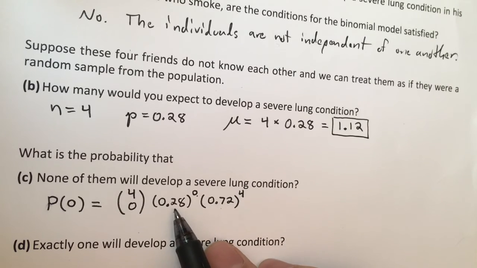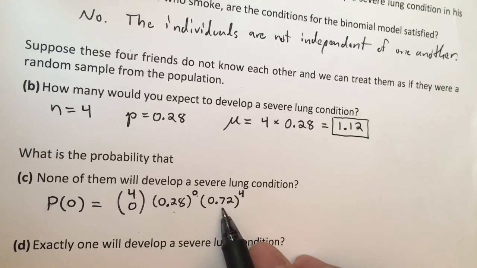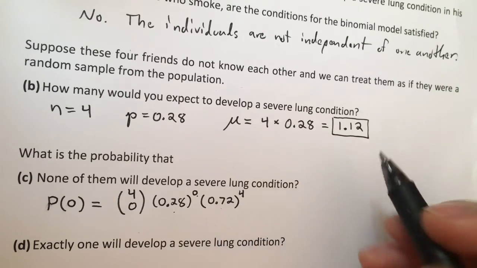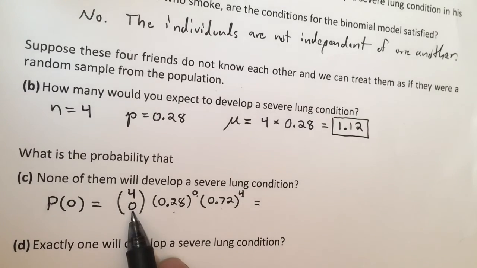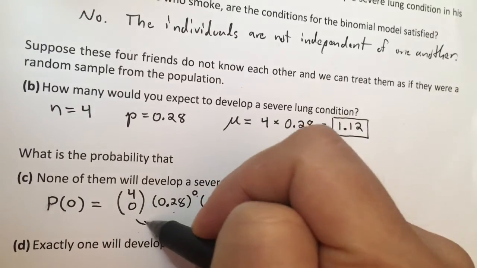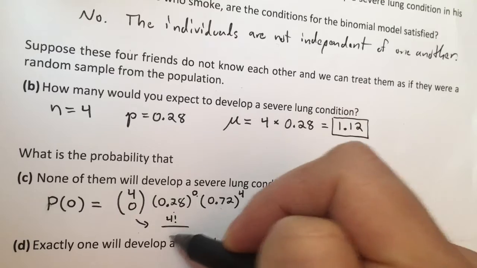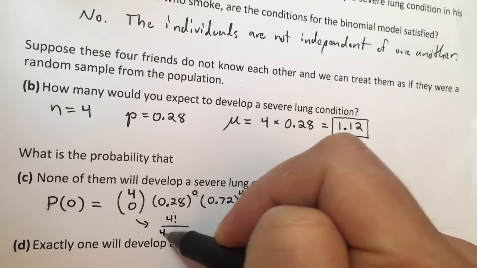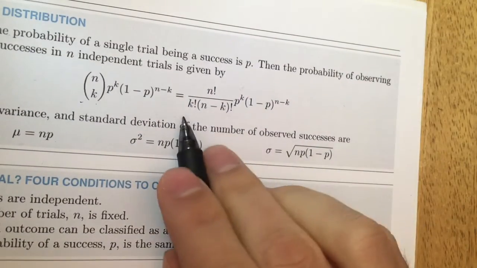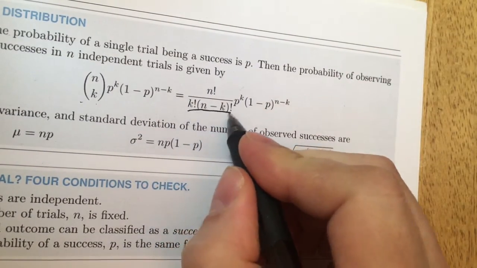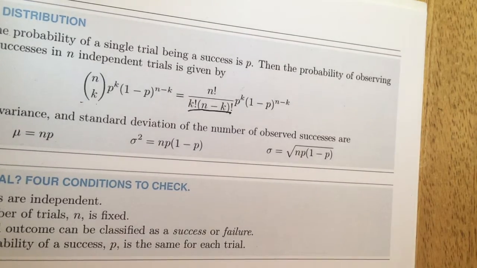This is the probability of a success. This is the probability of a failure. So what is 4 choose 0? 4 choose 0 is 4 factorial divided by 4 factorial times 0 factorial. That's just using this expression for n choose k.